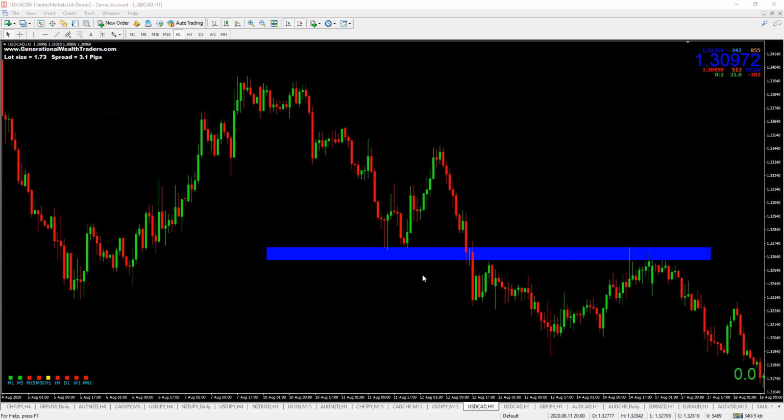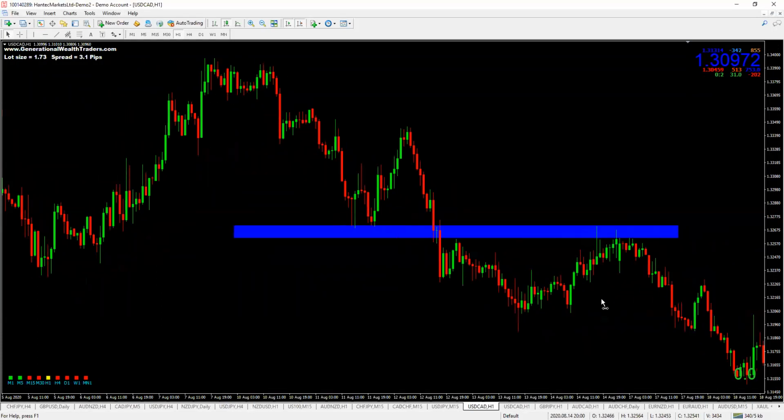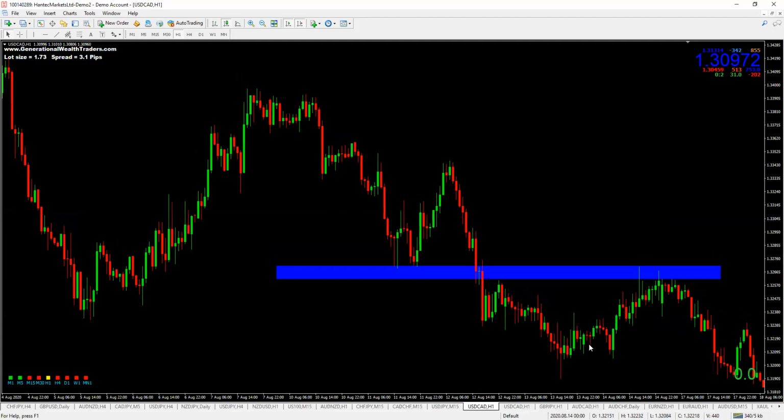As a recap, one thing we've said tonight is that support and resistance zones on a lower time frame might be significant on that time frame, but when you move to a higher time frame, they would not appear as significant as they did on the lower time frame.